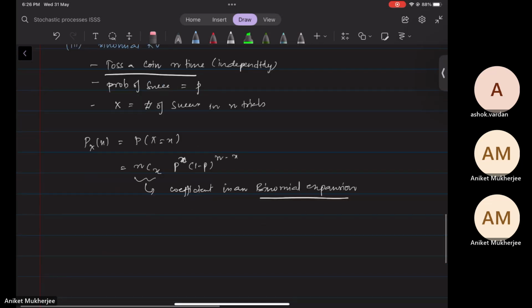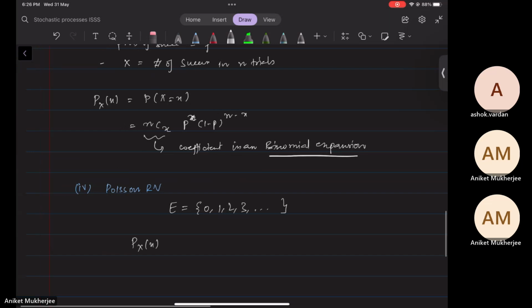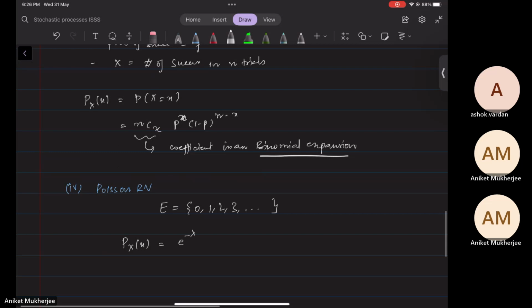Okay, so the next discrete one is the Poisson distribution, the Poisson random variable. This has countably infinitely many values that it can take, and the probability is given by e^(minus lambda) lambda^x by x factorial, where lambda is the parameter that defines the Poisson distribution.